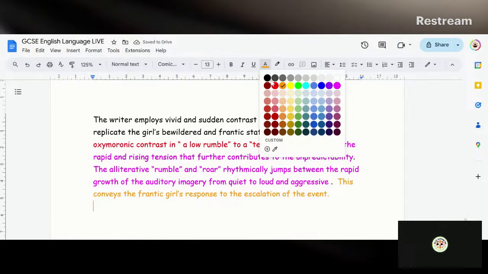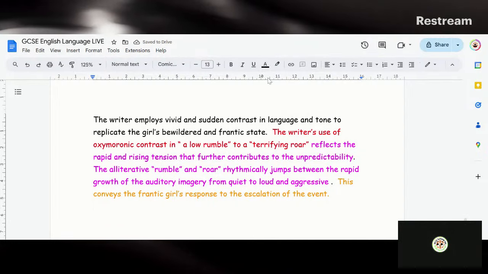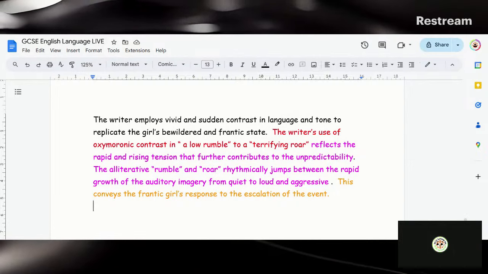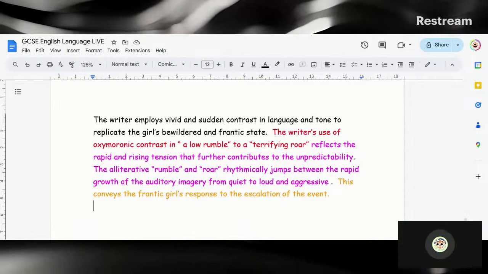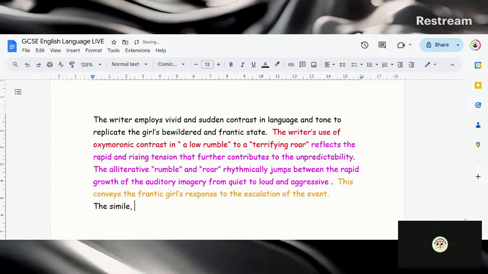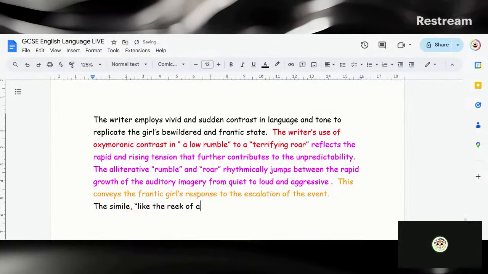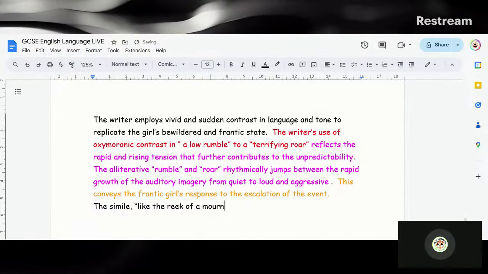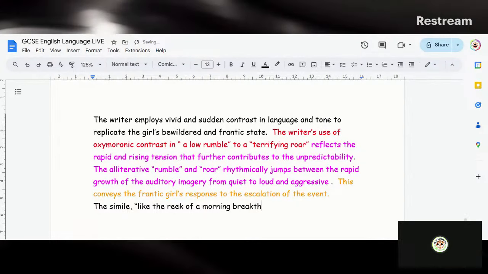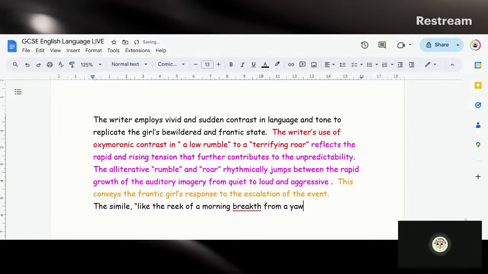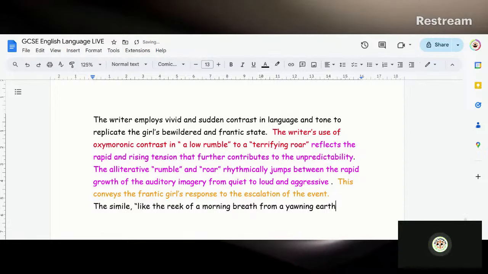Now, this next point is still part of the paragraph. So, the next point that we've made that adds to that is the simile, like the reek of a morning breath from a yawning earth.